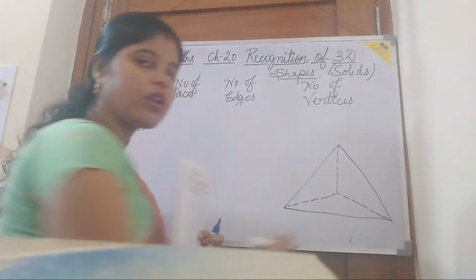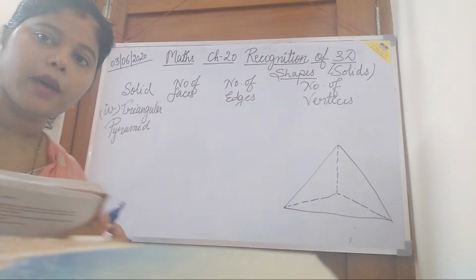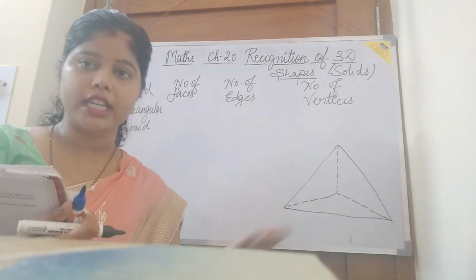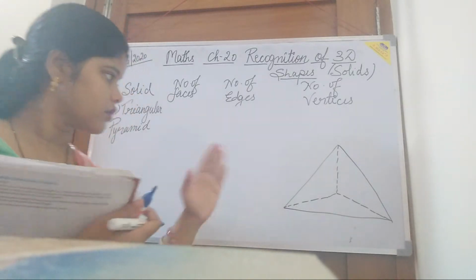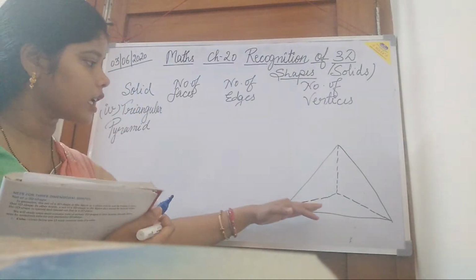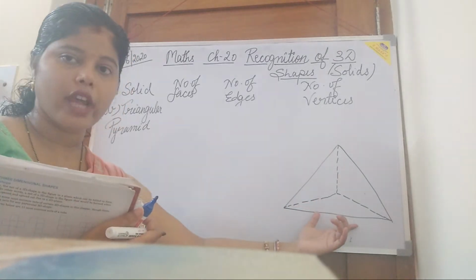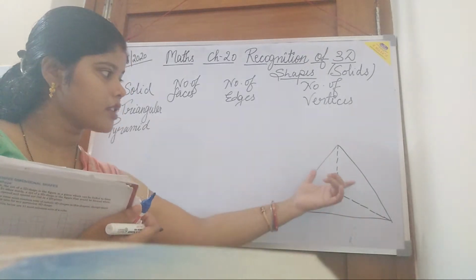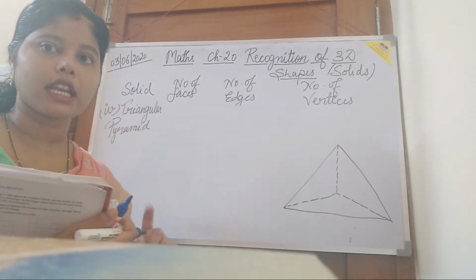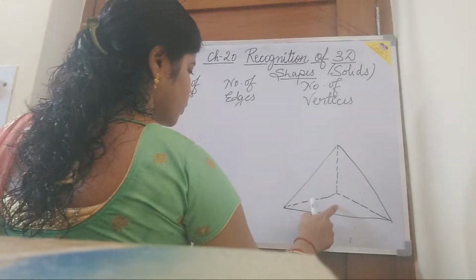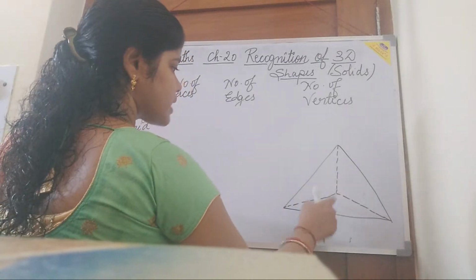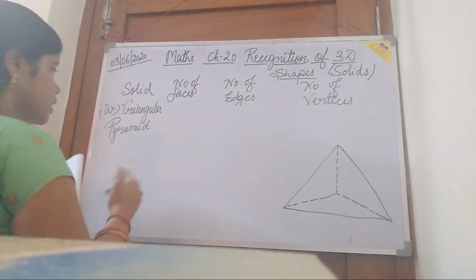So a pyramid, you all know what a pyramid is, in which the base is a rectilinear figure and the side faces are of triangular form. So here the base is in a triangle form and the rest of the side faces are also in a triangular form. So how many faces does it have? One base and the other three triangular.